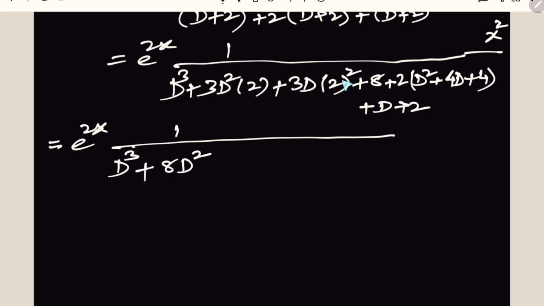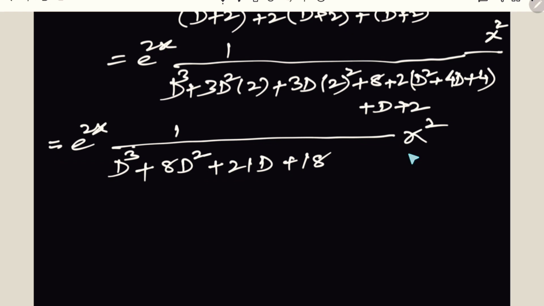Next 2 squared is 4, 4 times 3 is 12, 12D plus 8D, 12 plus 8, 20, and plus D, therefore it is 21D. Next constant terms, 8 plus 8 is 16, 16 plus 2 that is 18, which we have to operate on x^2.